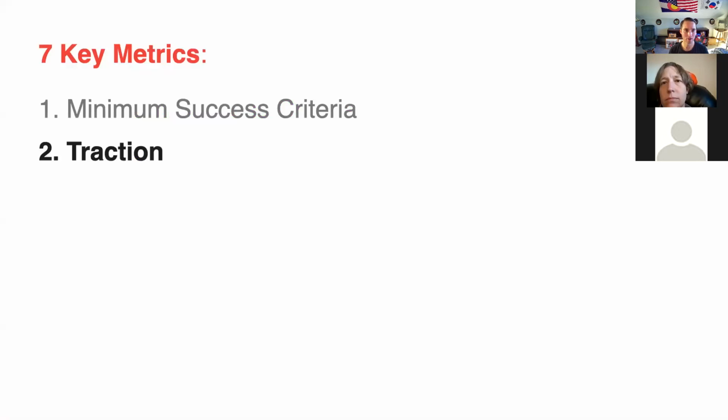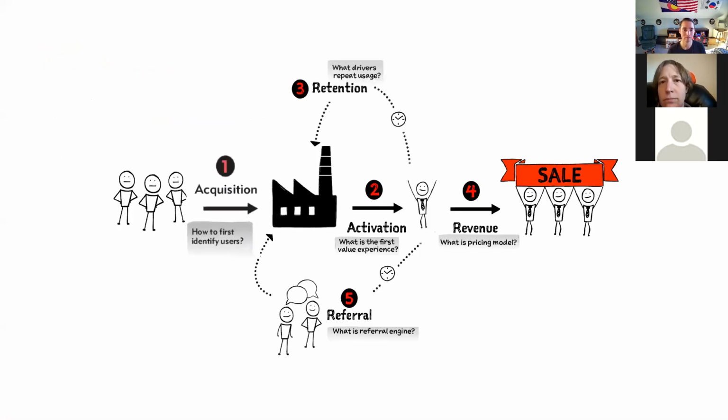All right. So we have our minimum success criteria. The second metric, which is actually going to be multiple metrics, is traction. And what is traction? All of these things are a form of traction, although, as we talked about, revenue might not be the best indicator because it's a lagging indicator. But acquisition, people coming into your funnel. Activation, people doing their first activity in your customer factory. If it's a website, maybe they sign up, maybe they take some action.